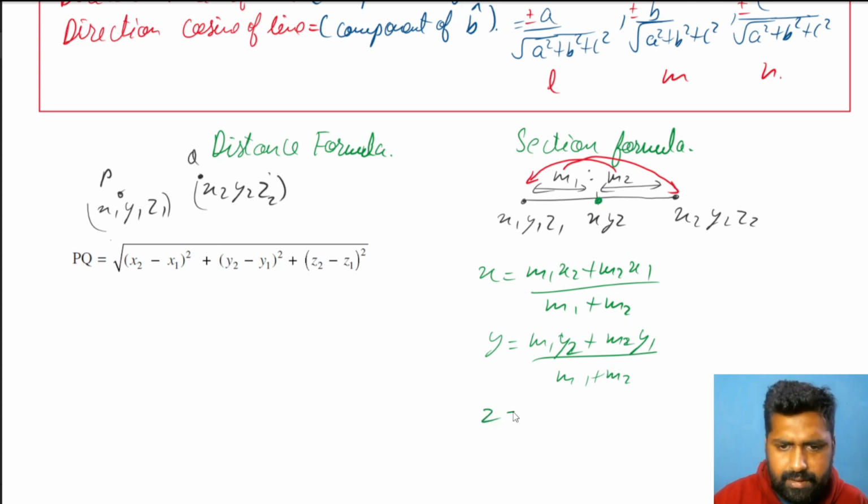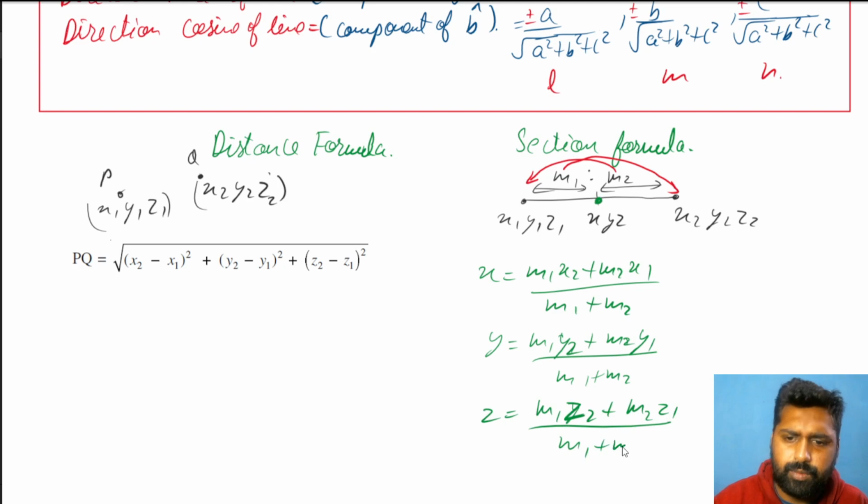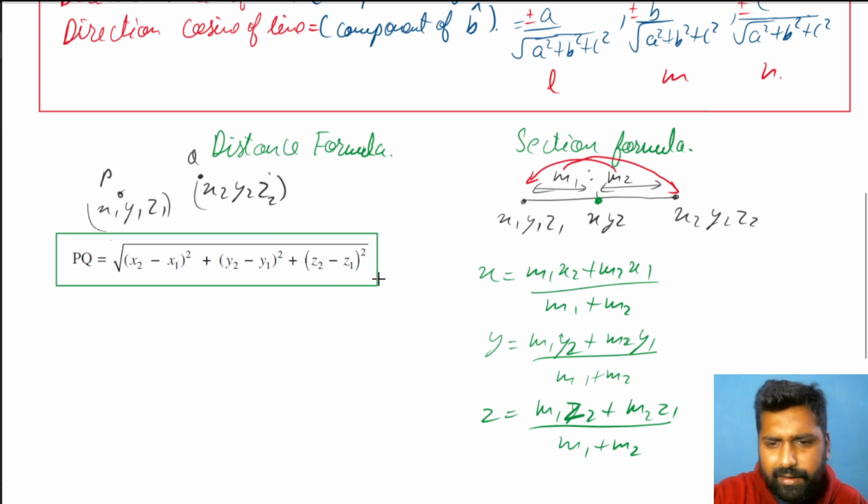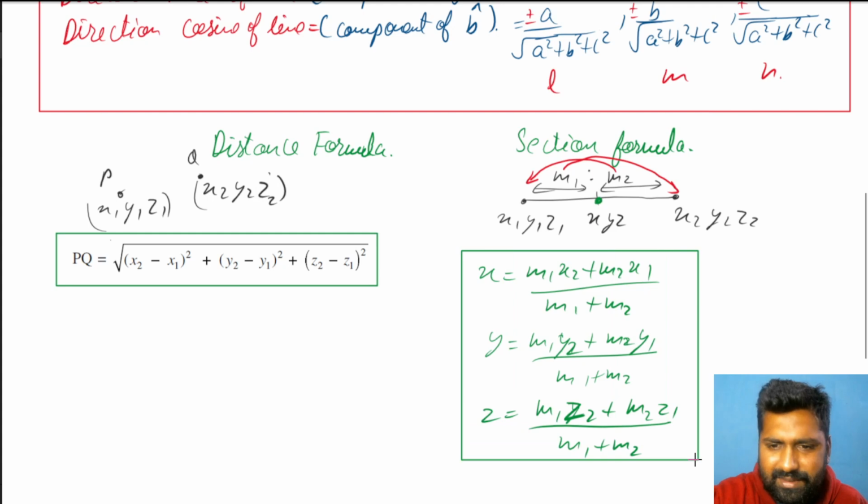Then z, same thing extended in 3D, m1 z2 plus m2 z1 upon m1 plus m2. So nothing new as such. Yes, these are also formulas, but are they really formulas? No, these are nothing new.